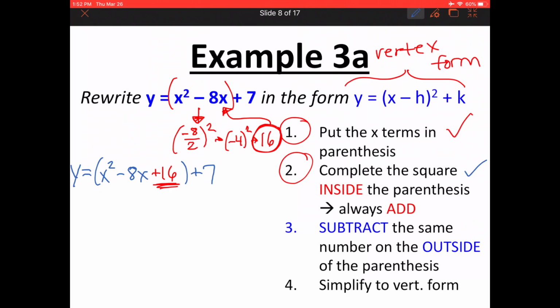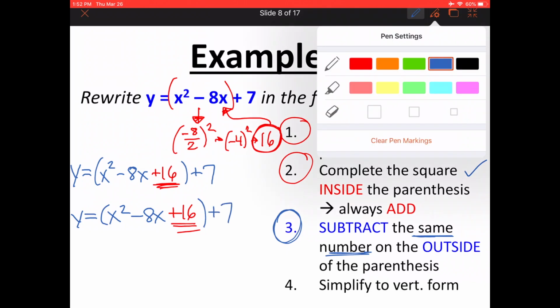Now let's go to step 3. Step 3 says to subtract the same number on the outside. So what number did I add on the inside? I added 16. So that means I'm now going to subtract 16 outside of the parentheses. So now for step 3, I have y equals x squared minus 8x, and then I did plus 16 inside of the parentheses.